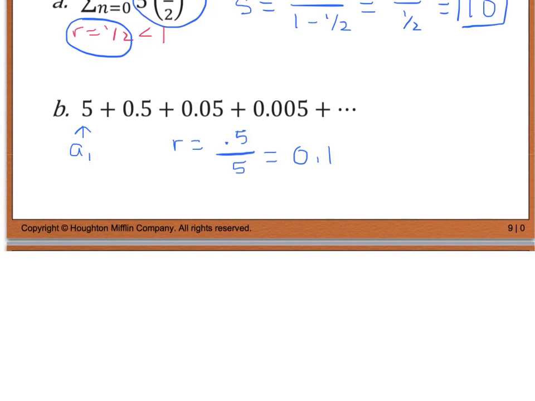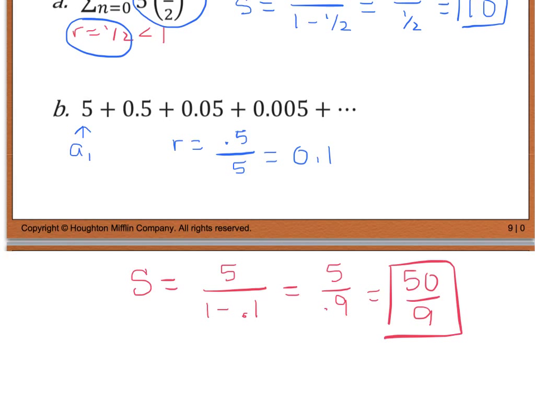Now that I know my first term and my r value, I can find the sum. My sum is equal to my a sub 1 value, which was 5, divided by 1 minus 0.1, which is going to give me 5 divided by 0.9, and if you convert that, that's really going to give you 50/9. So this would be the sum that the series is approaching.